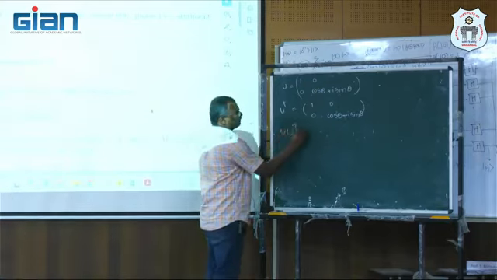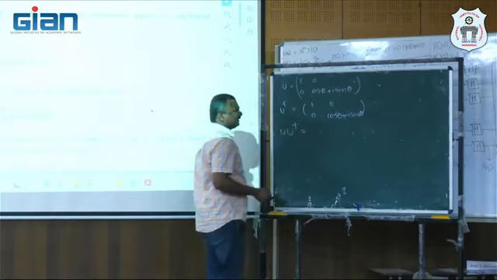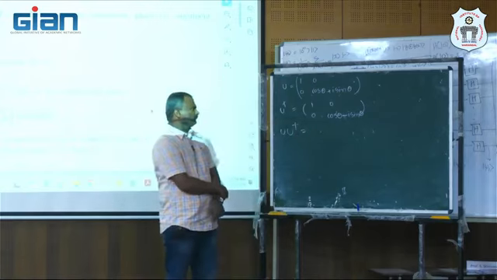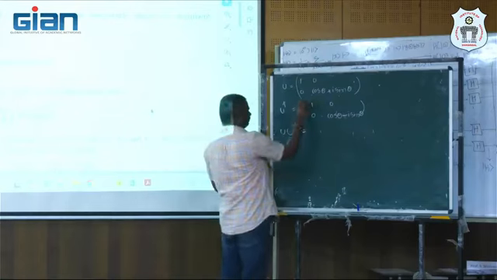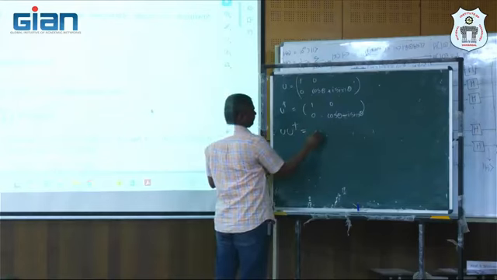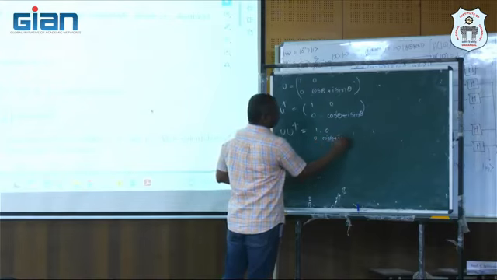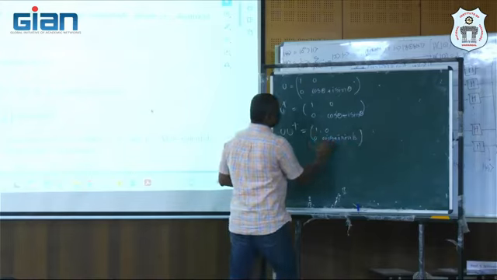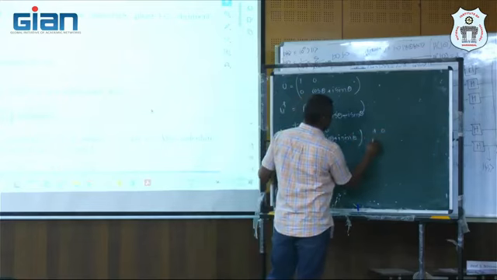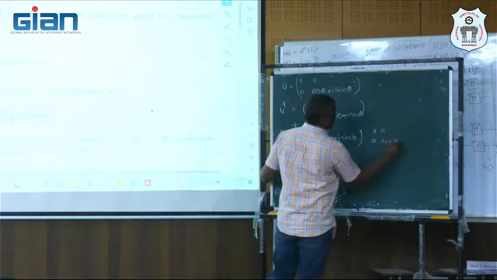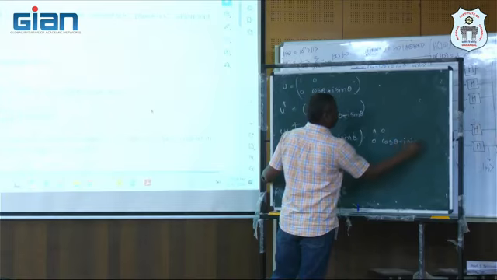If you multiply U times U dagger, what do we get? 1 0 0 cos theta plus i sin theta. We know that cos square theta plus sin square theta is 1. That formula if you know, then automatically you can.